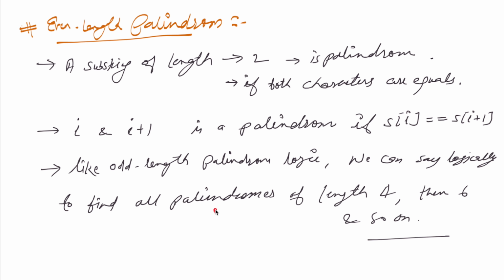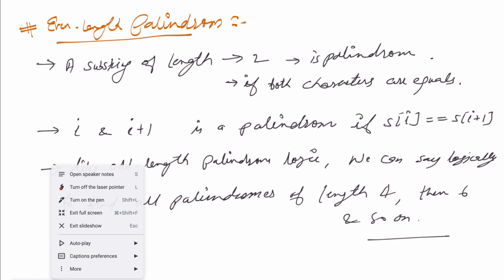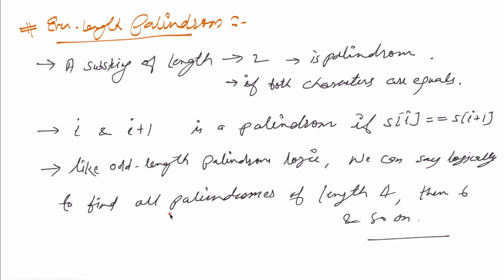Previously, when we were talking about the odd length palindrome, we had C, E, C, which is 3 characters. The next time we add one more character, C, A here and A here.